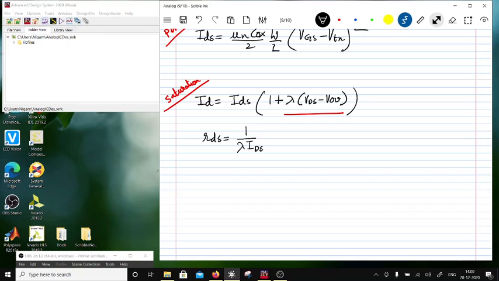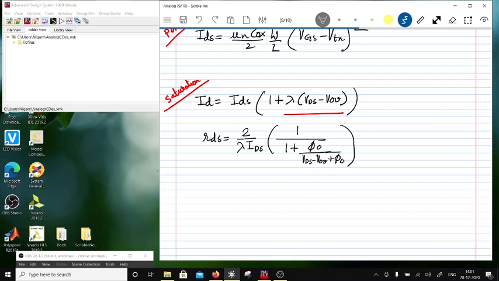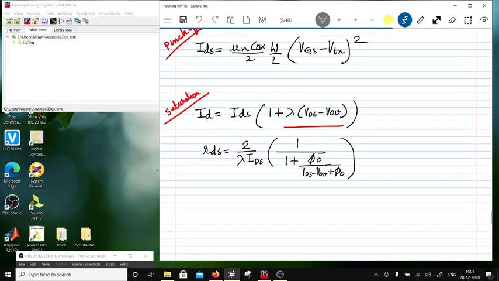Rather, 2 over, times 1 divided by 1 plus ID divided by VDS minus V overdrive. What this means is the following.